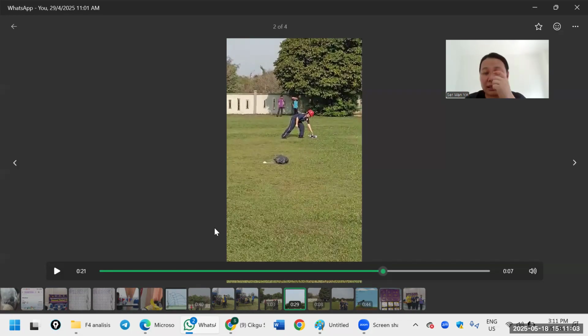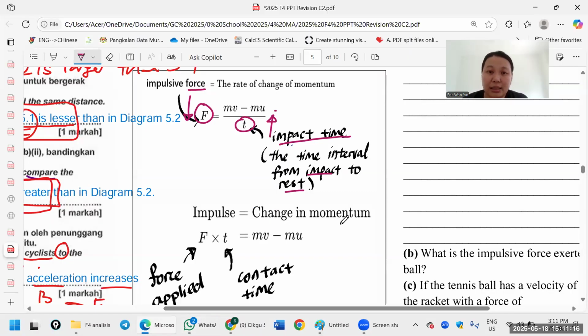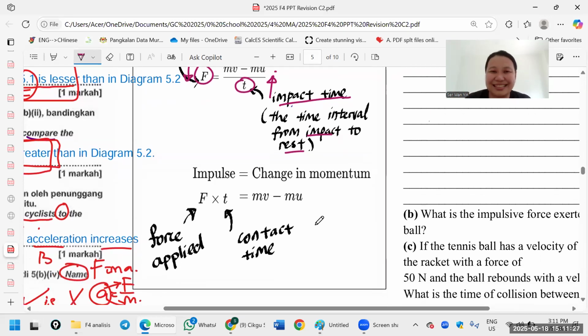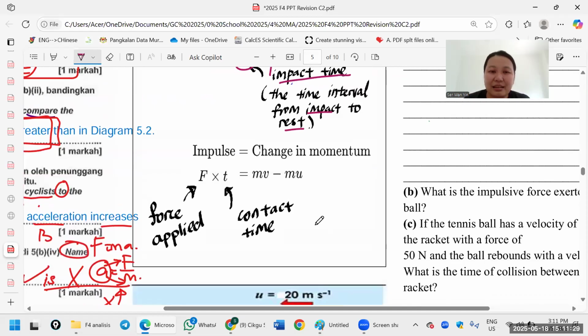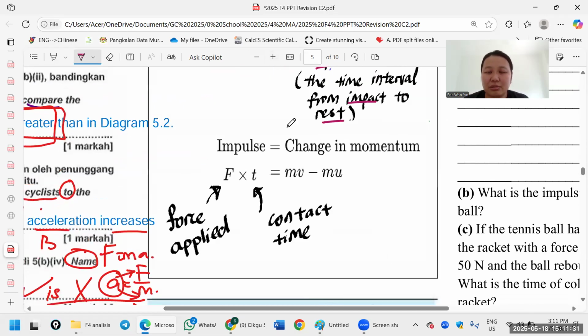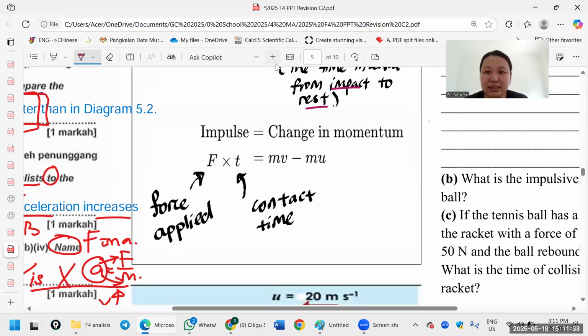This egg is really not very strong, but the parachute increases the impact time. That's why the impulsive force is reduced and it's not broken. Again, thanks to Novia and Xavier. Anyone interested can also join next year.